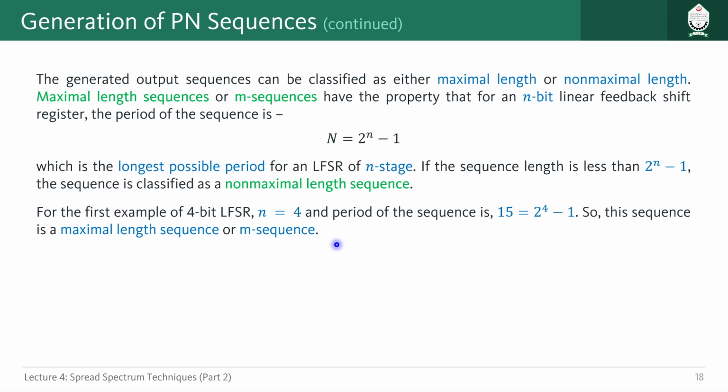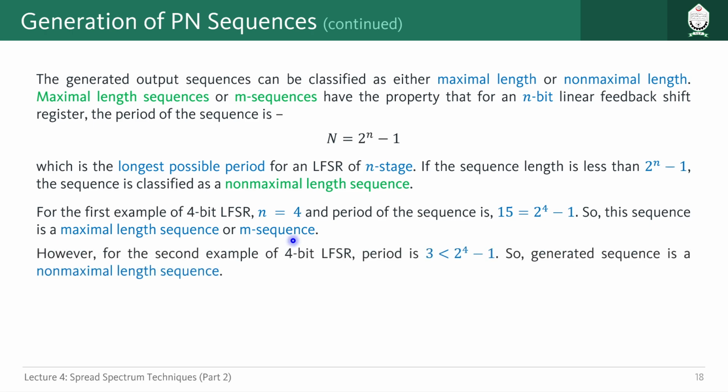That's why we can say this is a maximal length sequence or M sequence. Now for the second example, we had a 4-bit LFSR again, but with 2 XOR gates as feedback, and there the resultant sequence had a period of 3, which is less than that value. Okay, that's why that generated sequence is a non-maximal length sequence.